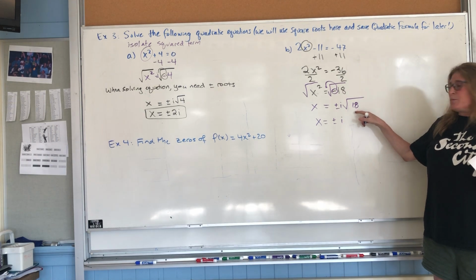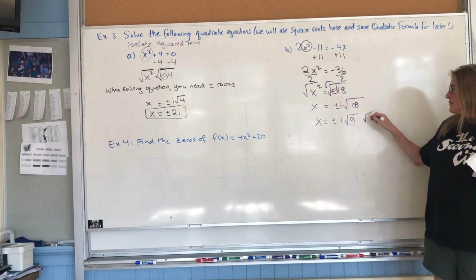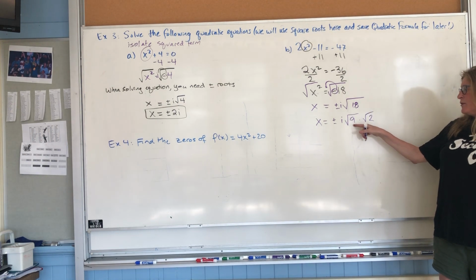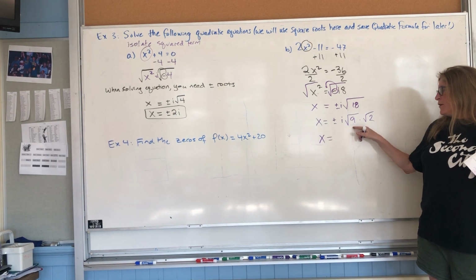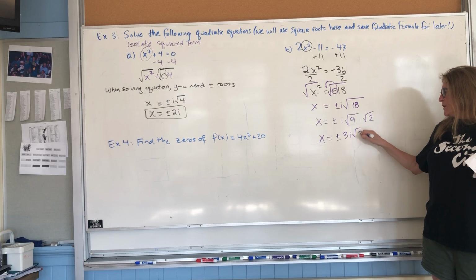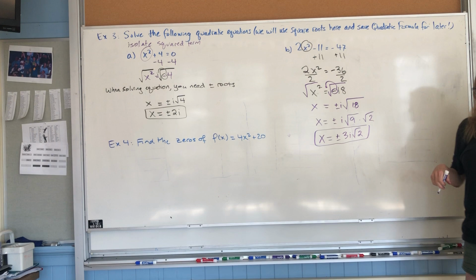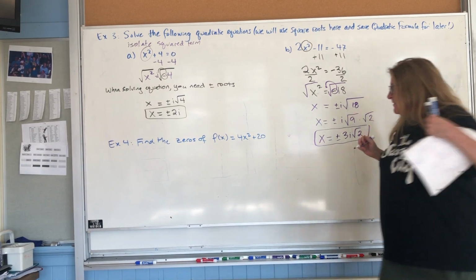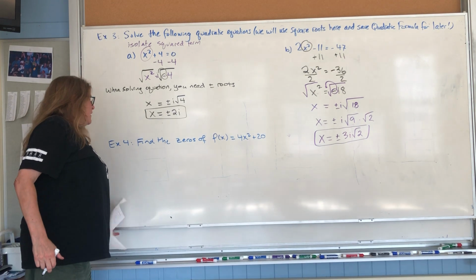If I think of the biggest perfect square factor of 18, it's 9. So I can say i square root 9 square root 2, and that gives me x equals, square root of 9 is 3, right, guys? Plus or minus 3i square root 2. So now I can solve those equations. Yay!